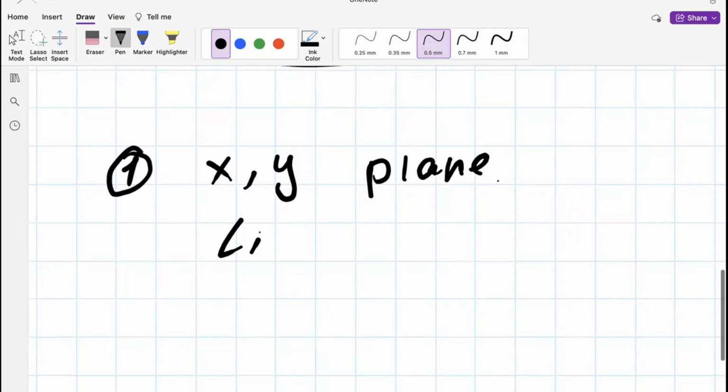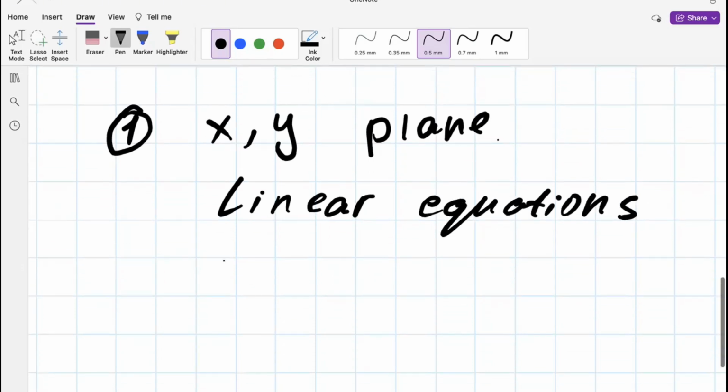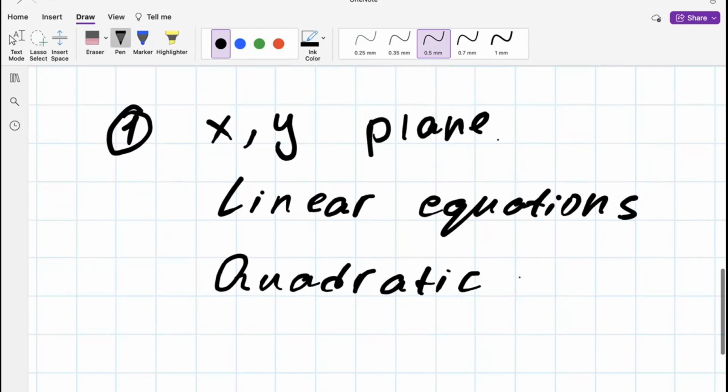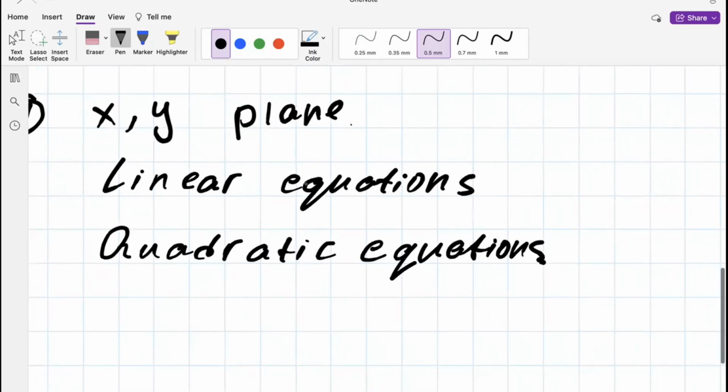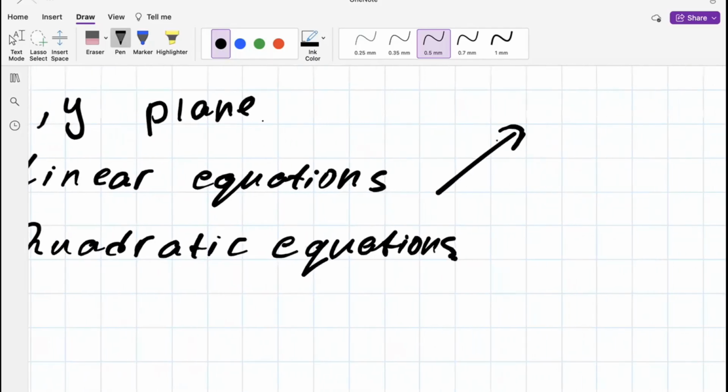So once you've done this XY plane, there are two introductory topics, which are linear equations and then quadratic equations. The graph of a linear equation is just a line, with some slope and x, y intercepts, right?